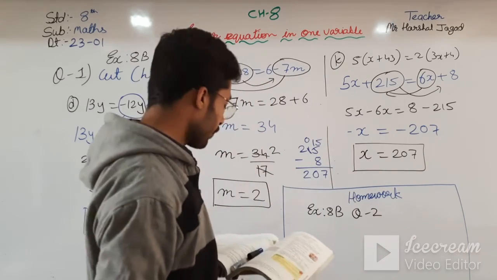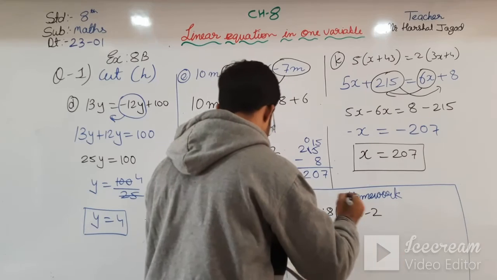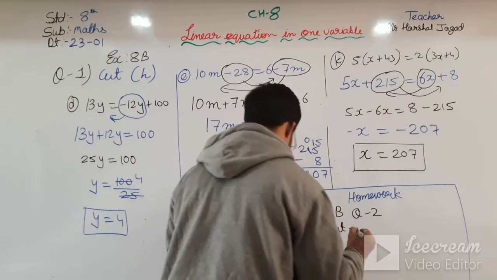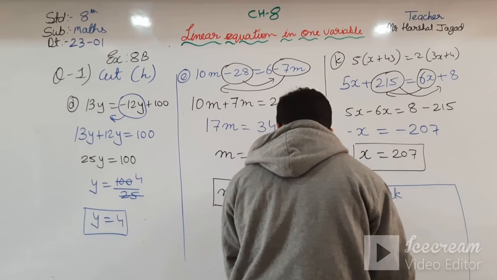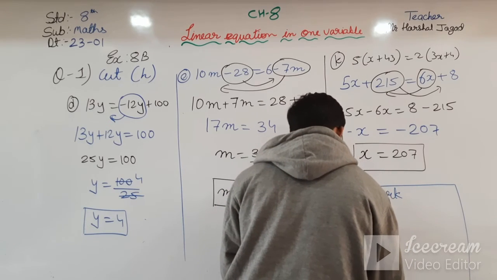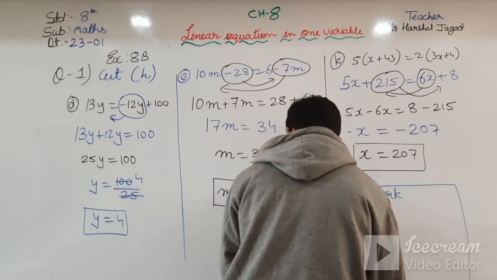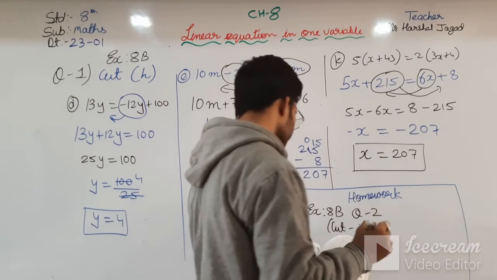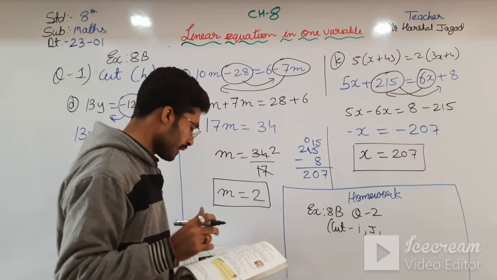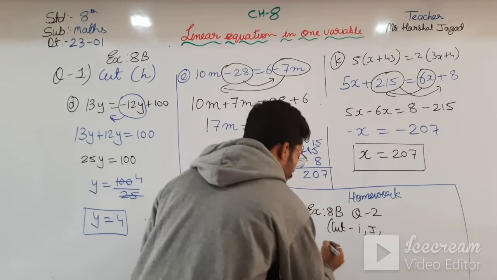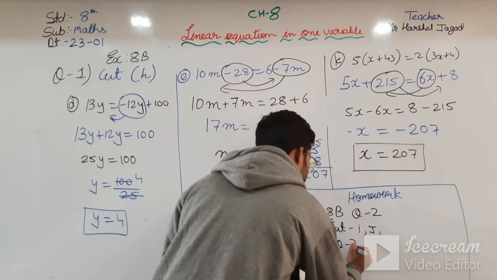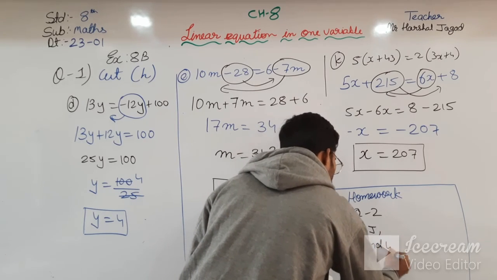Question number 2 you have to just try, and from question number 2, cut I and J, that you have to cut. Okay students, and also cut question number 3 and 4.